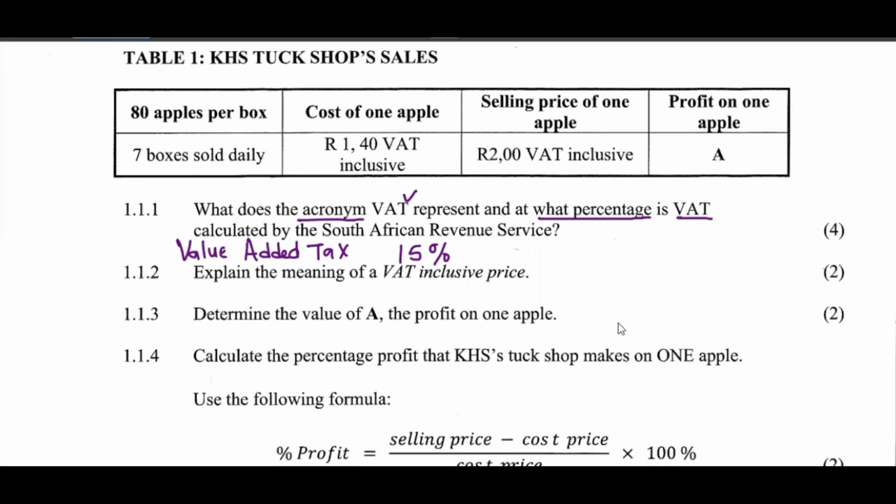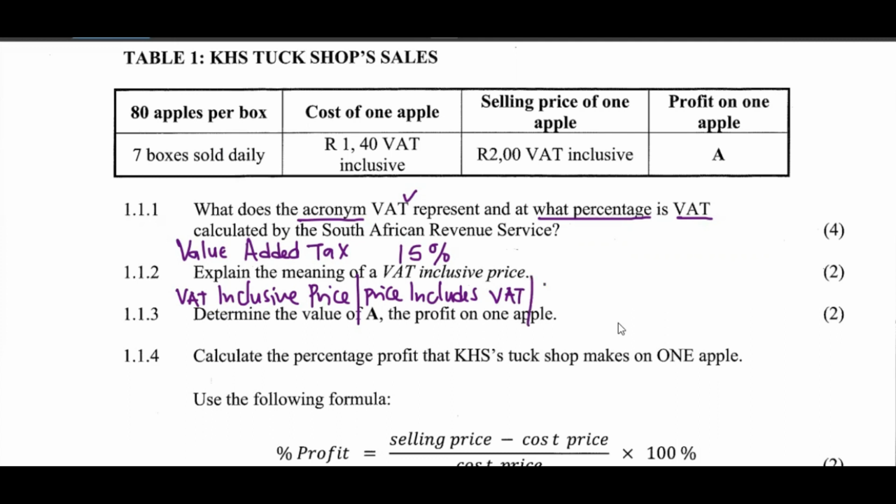Explain the meaning of a VAT inclusive price. This one will depend on what you understand, as long as it's in English. VAT inclusive price. Someone would say the price includes VAT.